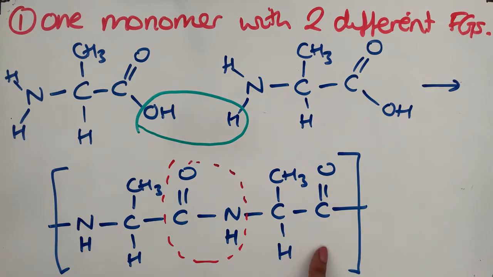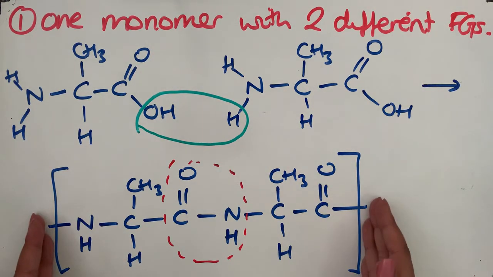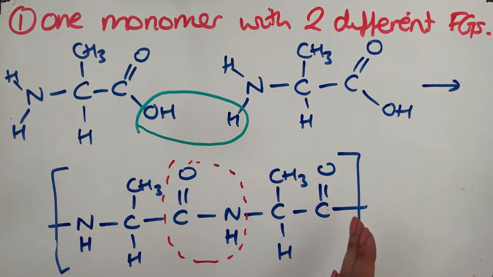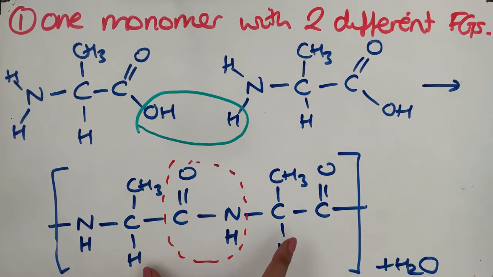Remember, either end you should be able to pick up the entire unit that you've drawn and put it next to that to form another amide link over here. So over here you need to have the nitrogen coming off at one end, and you need to have your carbonyl coming off at the other. Okay, and obviously in this process we've also released a water molecule to make that amide bond in the middle. Just bear in mind I have drawn two repeat units here.